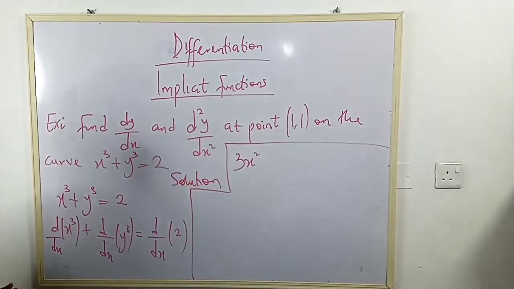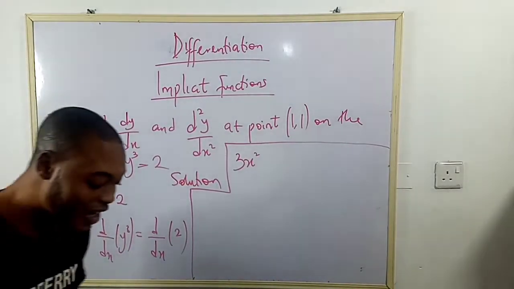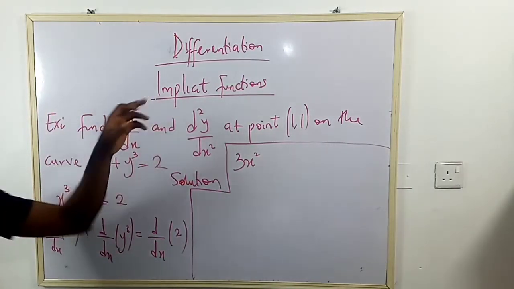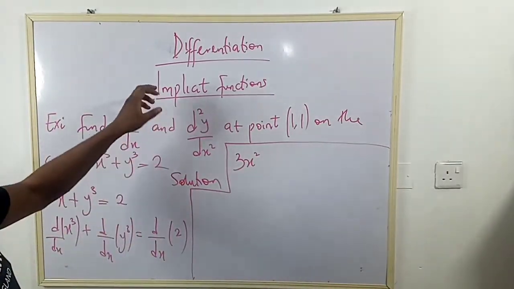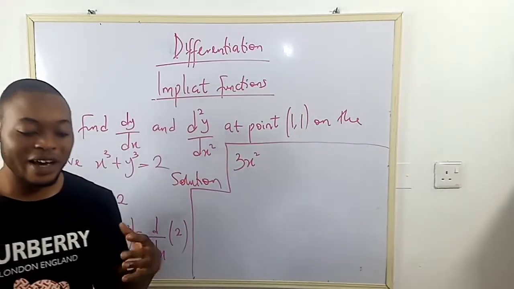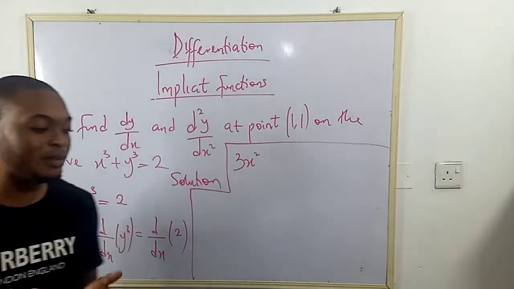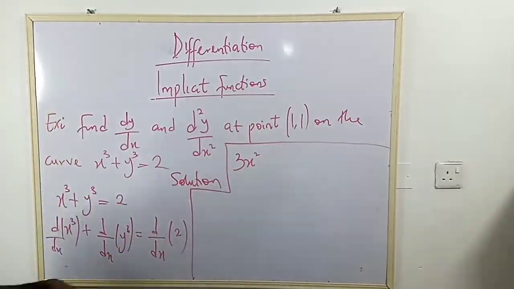3x squared. So now, the derivative of y cubed with respect to x. In our last class, when we started derivative of implicit functions, I explained how we differentiate implicit functions. When you're differentiating implicit functions, whenever you see y, the dependent variable, you treat it as a function.